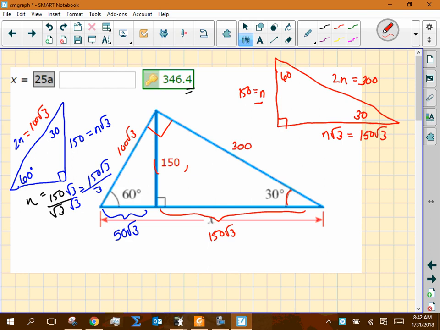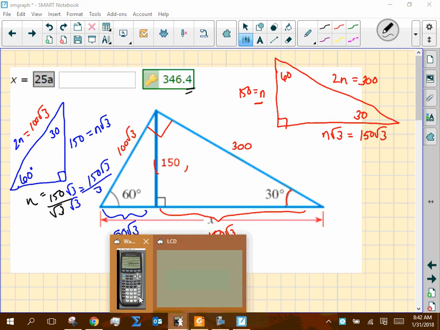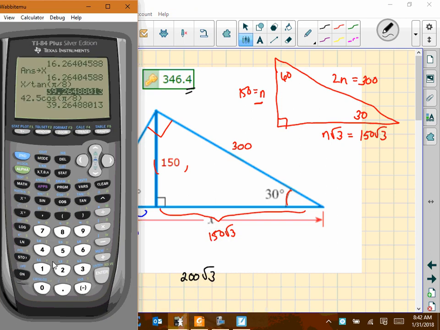Now I'm finding those additional values on purpose just to prove a point in a moment, because if you were uncertain about your answer here, your answer is going to be 200 root 3 when I add those together, and then on your calculator, they want it to the tens place, so 200 root 3 gives me that number right there, rounded to the tenths.